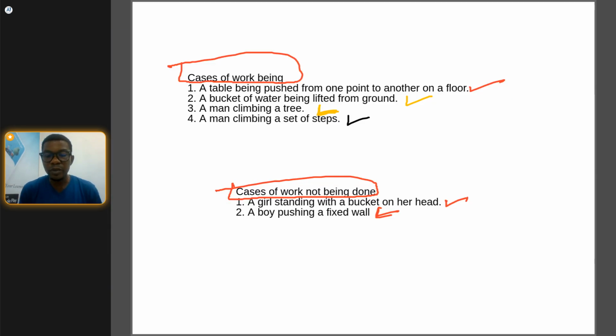All right, so I believe we can proceed. If that is clear to us, please react. I need your reactions. I want to be sure that we are still together and we are getting what we are doing.